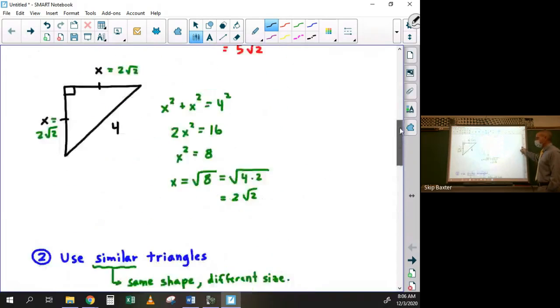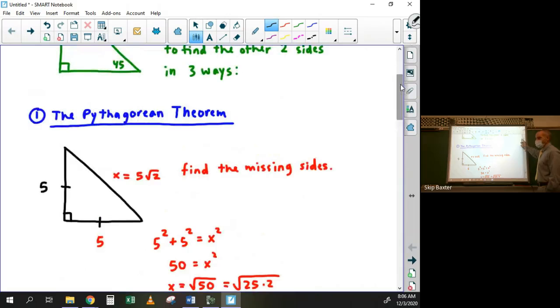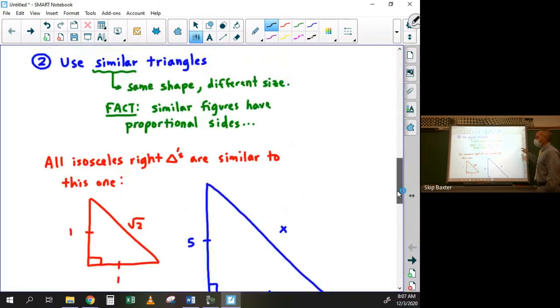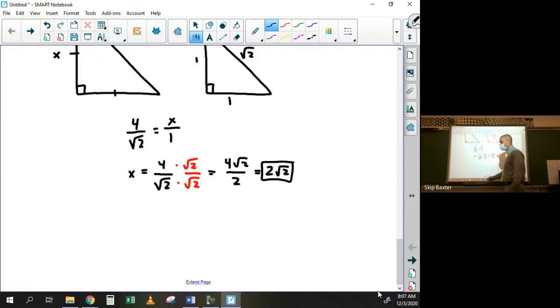So the first way of finding the missing sides of an isosceles right triangle was the Pythagorean theorem. The second method was using similar triangles. There's a third method that's the best of all.